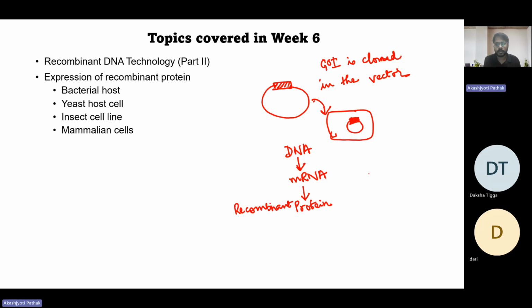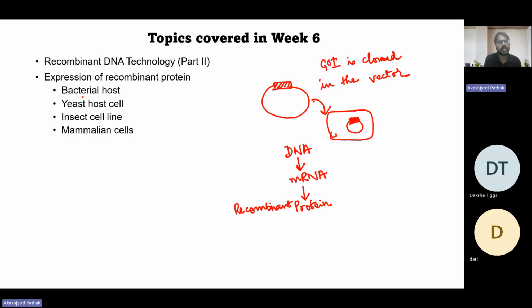Now, in the earlier sessions we talked about the different vector systems, and how we can screen whether our host cell has the cloned gene of interest. We have seen all that. Now the next step is to express this gene of interest in the host cell. This cloned gene of interest can be transformed in different host cells. What are the different host cells that can be used?